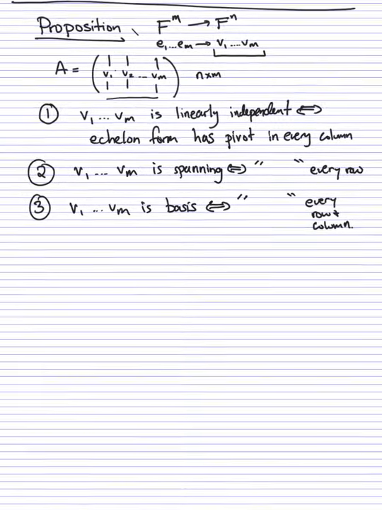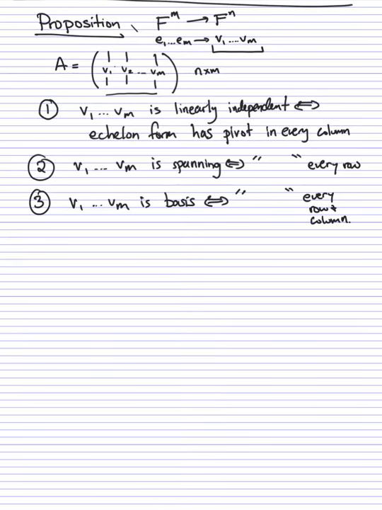Okay, so let's prove this. We'll start with the first one. First note that linearly independent is exactly the same as saying that Ax equaling 0 has a unique solution. Any linear combination of the v_i's is of this form.